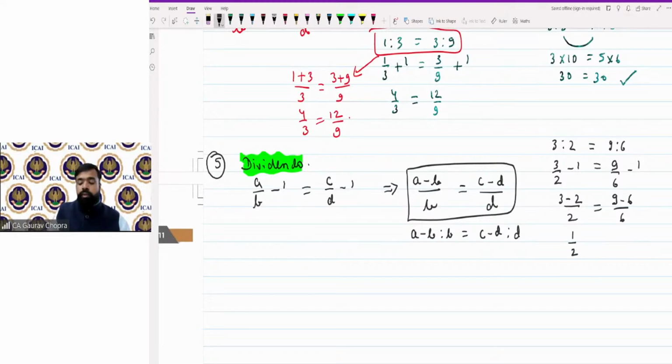That is 1 by 2 and 3 by 6. So 1 by 2 and 3 by 6 both are equal. Or you can also write 1 ratio 2 is equal to 3 ratio 6. So this is known as dividendo. So in dividendo, we have to just subtract 1.